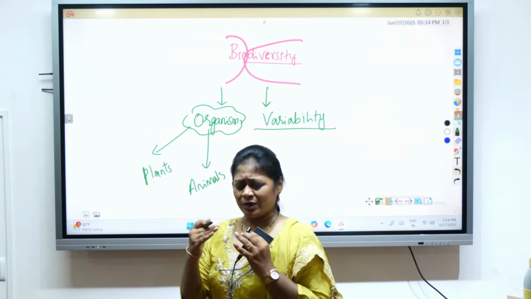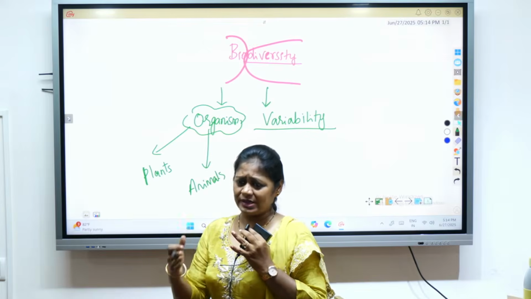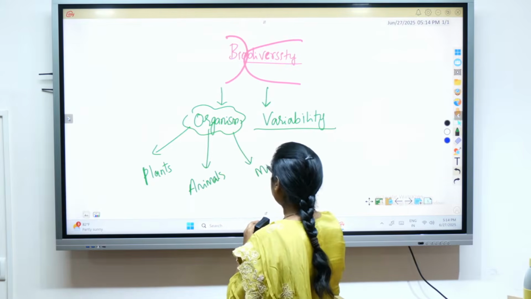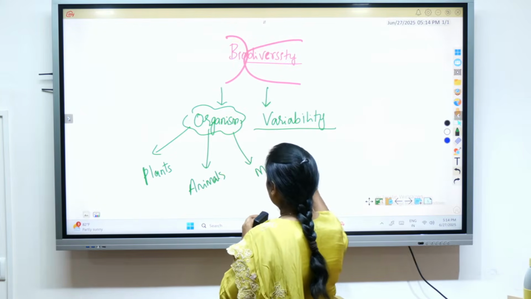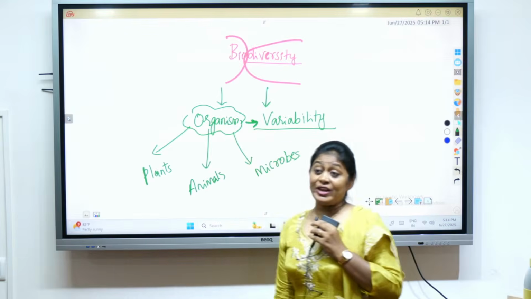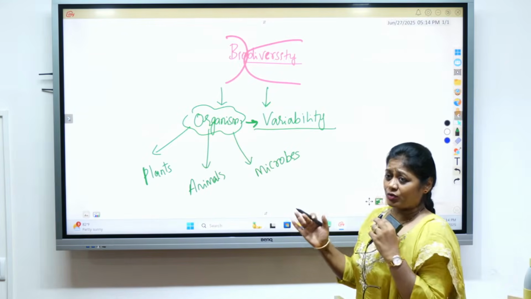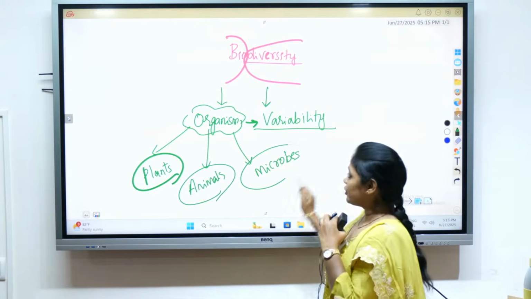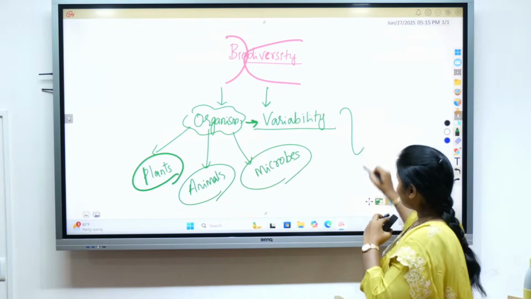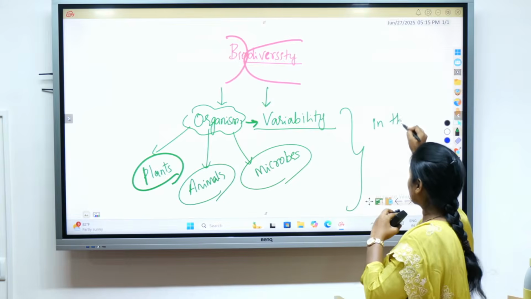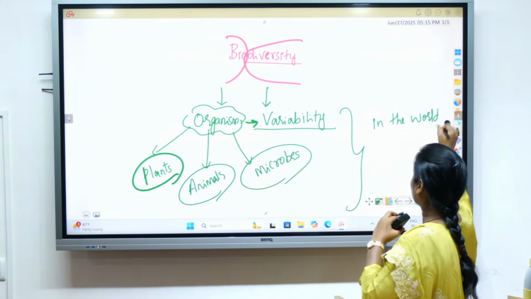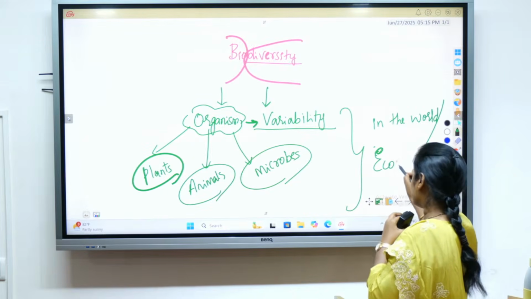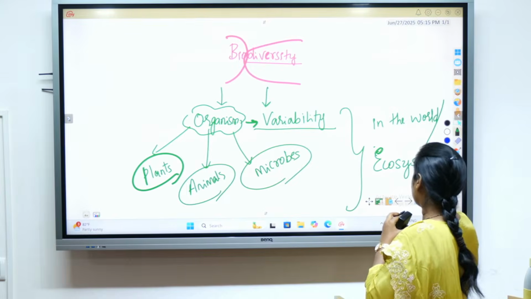Not only bacteria, but bacteria, protozoa, fungus and algae all together are known as microbes. So there is variability, various kinds of plants, animals and microbes present in the world or in a specific ecosystem, and then it is said to be biodiversity.